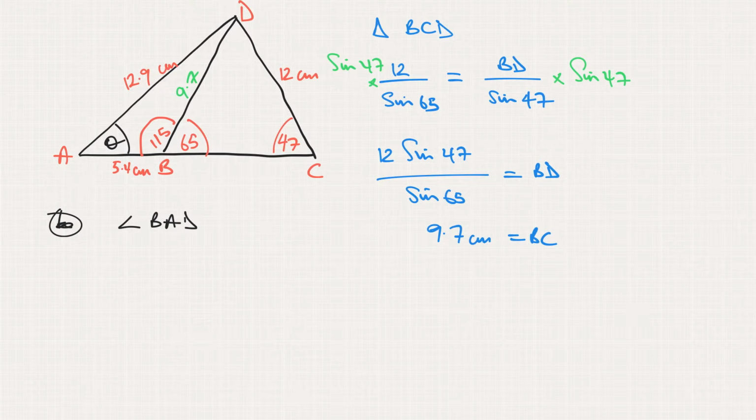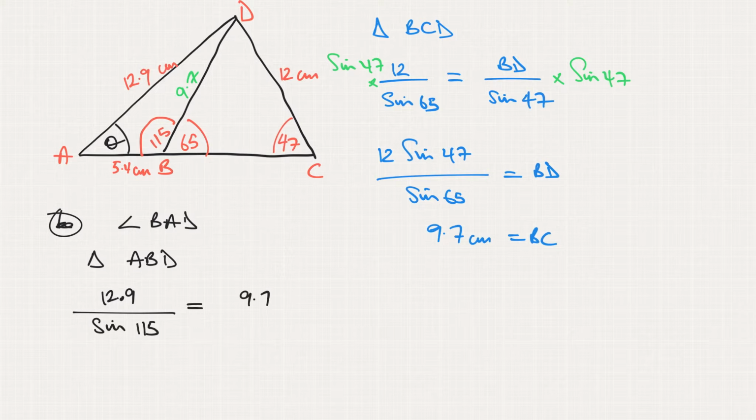So tell the person who's marking this that you're working in triangle ABD. And what you already know is you're going to use the sine rule. So we've got 12.9 over sine 115 is equal to 9.7 over sine the missing angle that we're looking for.